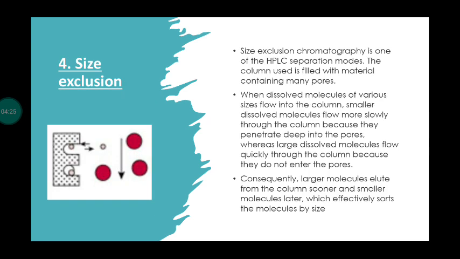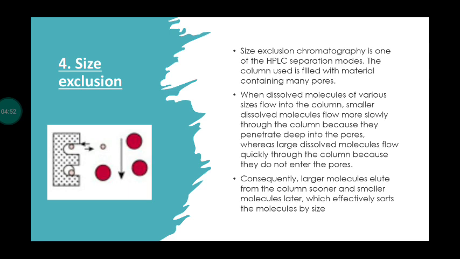Size exclusion chromatography. Size exclusion chromatography is the separation technique based on the molecular size of the components. The technique uses a gel that contains porous spherical beads as the packing material in the chromatographic column. Based on the size distribution of the beads, small molecules in the sample diffuse into the pores, due to which their movement is slowed down.